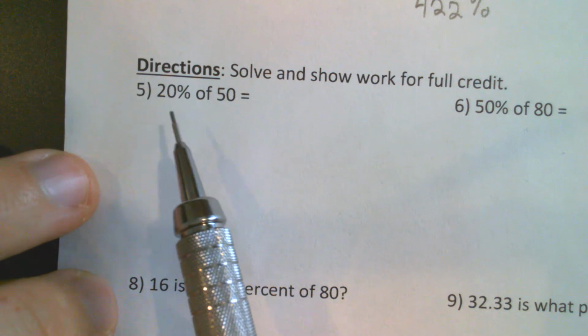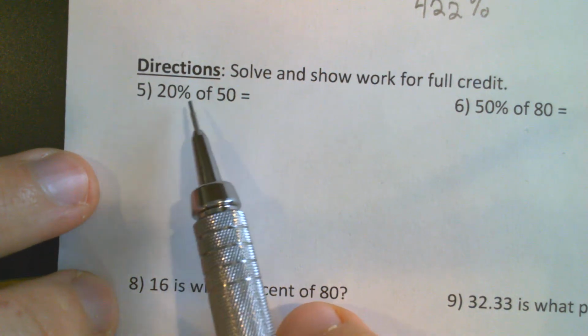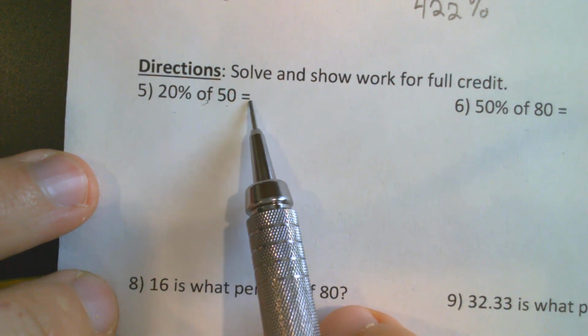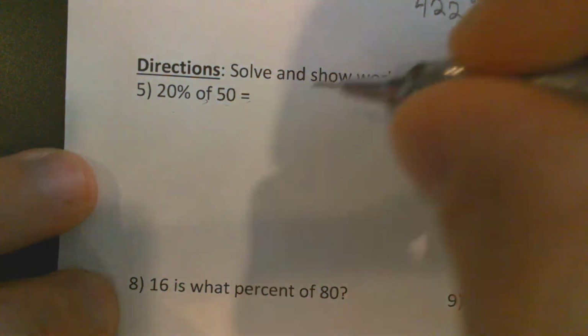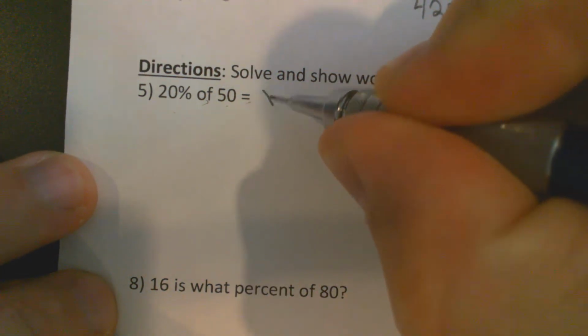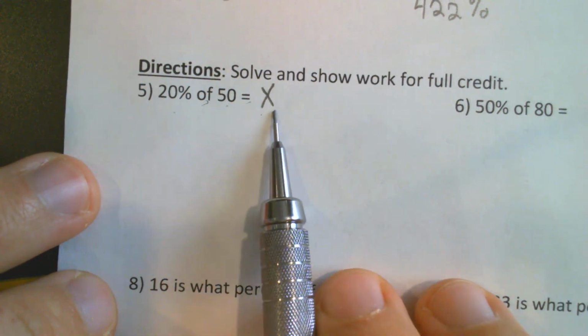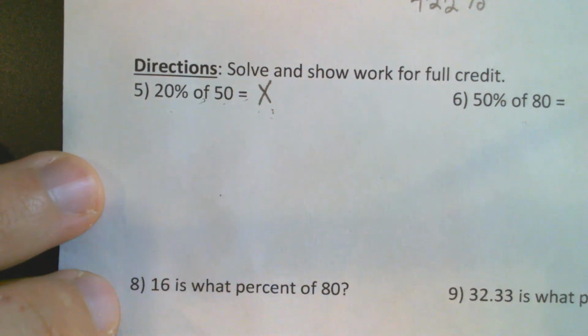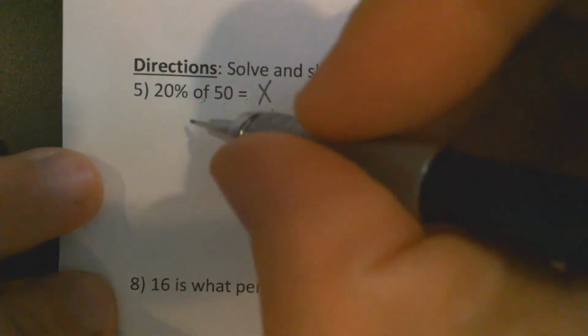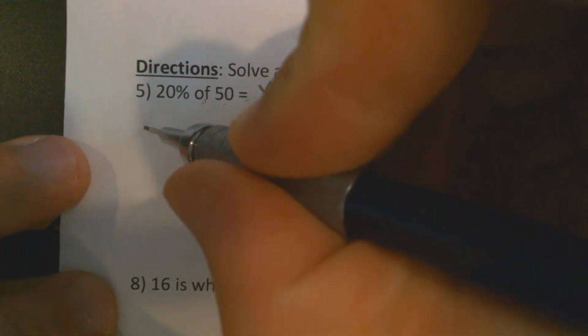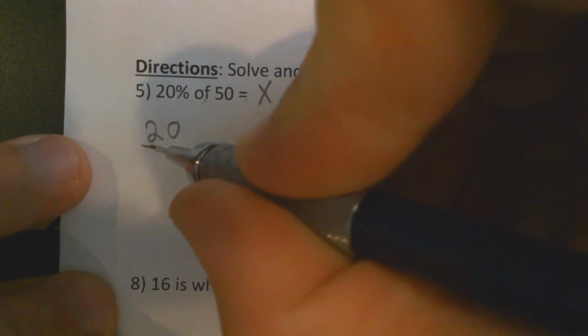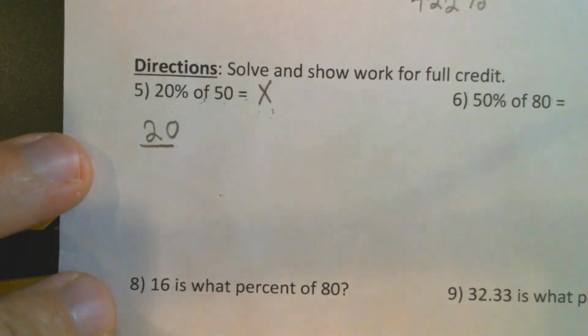When you read this, I read this as 20% of 50 is what number? Since this is what we're trying to find, I'm going to think of this as my variable, my x. So the 20%, since we're dividing by 100, we don't need the percent sign anymore.